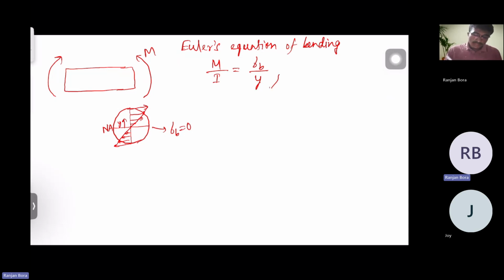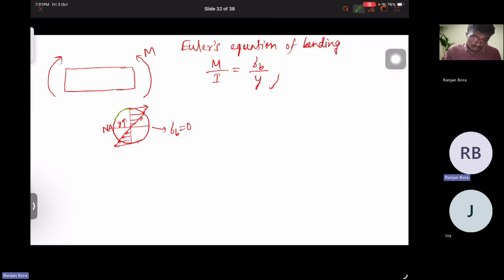So the bending stress will be maximum on the periphery of this cross section, at this layer. At this point the bending stress will be maximum.